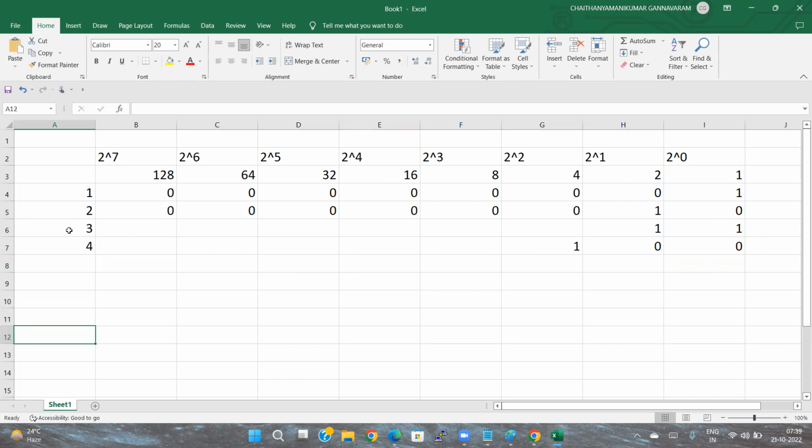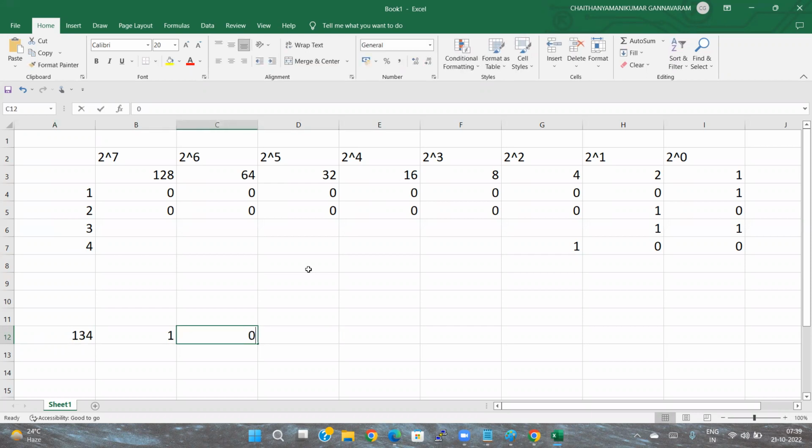Now just I'm going to provide you a number. The number is somewhere like 134. How are you going to get the 134 value depending upon this scale? So what is the value that you are going to get as 134? 1, 4 zeros, 1 1 0.